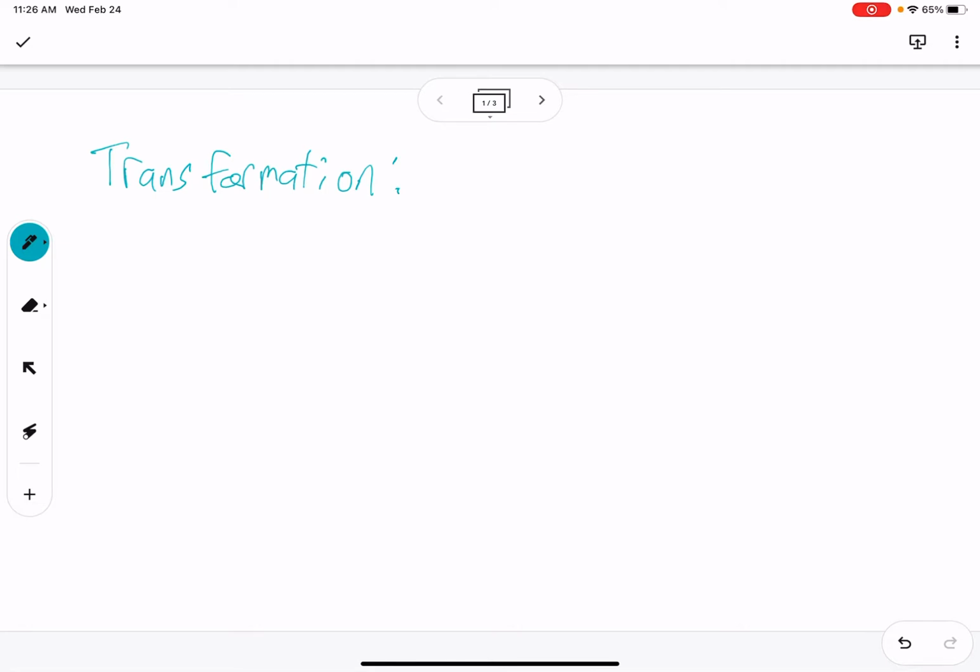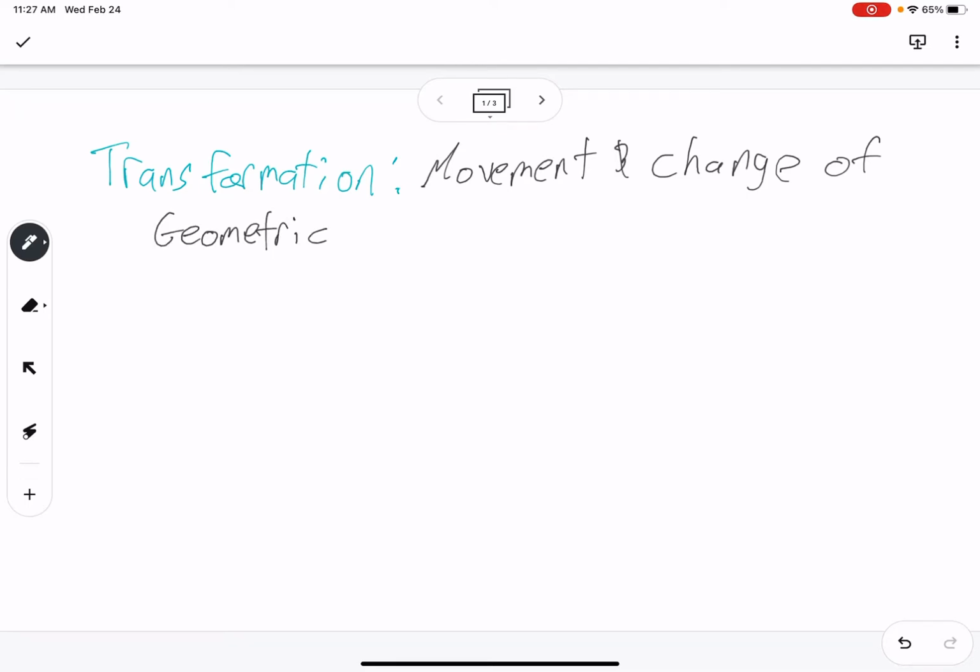So all transformation is the movement and change of geometric figures.